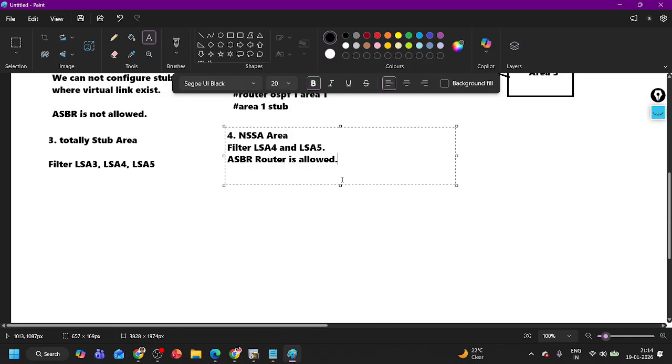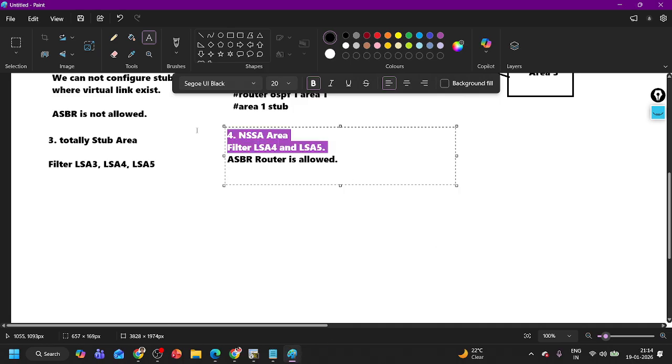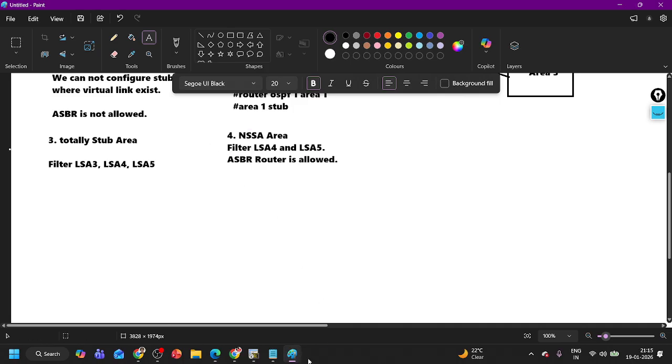ASBR router is allowed. So here I can configure area 1 as NSSA area. I cannot configure stub, cannot configure totally stub, but I can configure NSSA. But Praful, in NSSA area, LSA 4 and 5 are filtered. Then how will the ASBR router generate LSA 4?